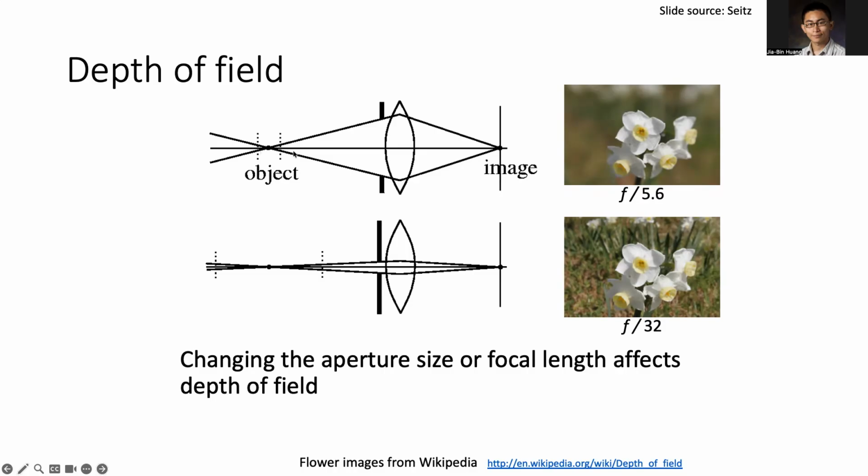So the range that stays in focus is called the depth of field. In this case, because you have a large aperture, you bend more light onto the image, so you have a shallow depth of field. Basically, if you deviate from the depth focus plane, the object will quickly become blurred. So you get something like this.